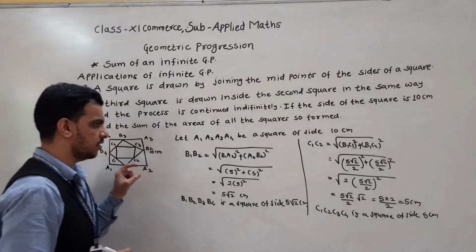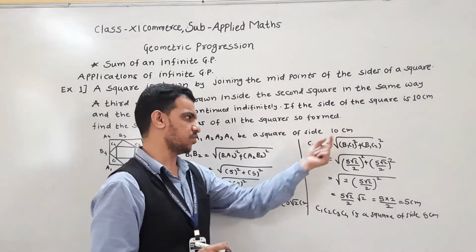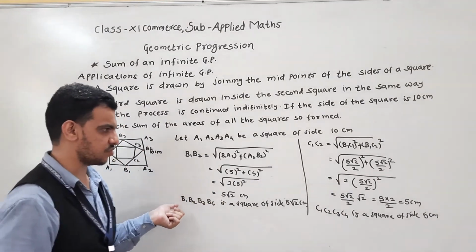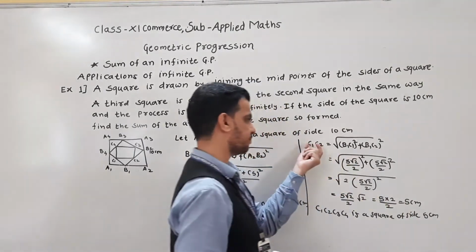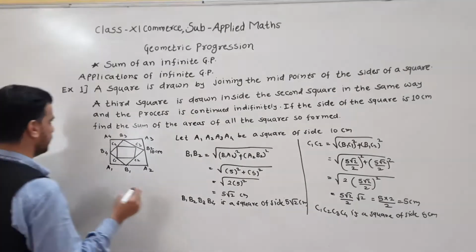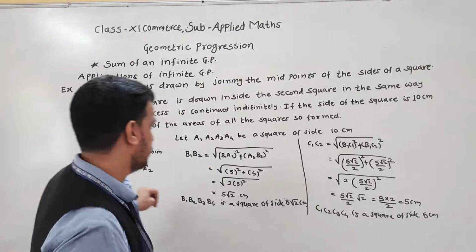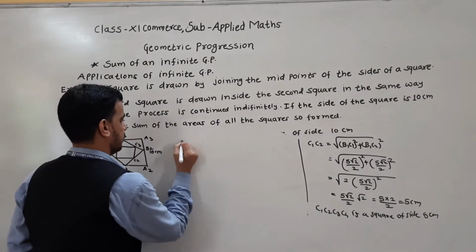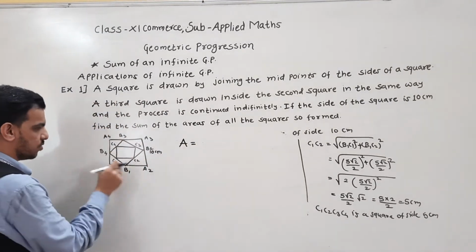Okay, so we get the sides: 10 centimeter is the side of the first square, then 5 root 2 centimeter is the side of the second square, then 5 centimeter is the side of the third square, and so on. Now for the area, the capital A I am using for the sum of the areas of all squares.